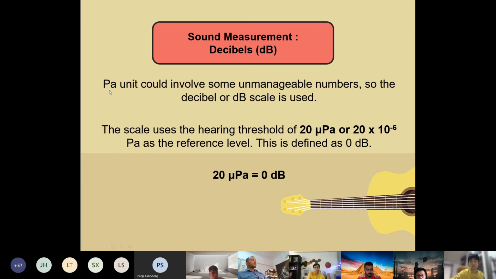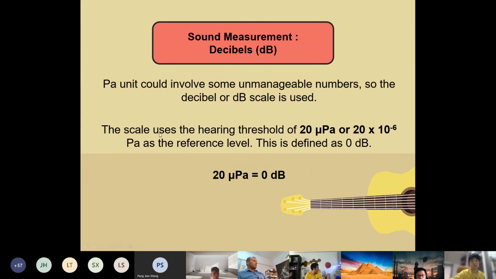Previously they used to measure the sound level using Pascal, which is the sound pressure. However, this unit could involve some unmanageable numbers, so the decibel or dB scale is used.